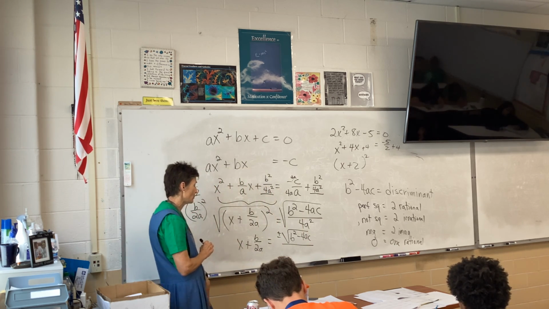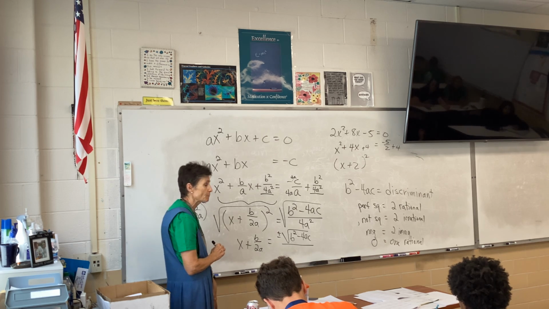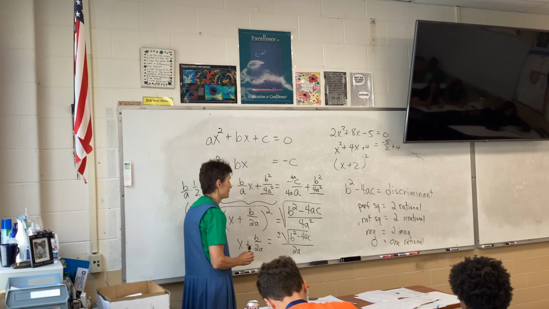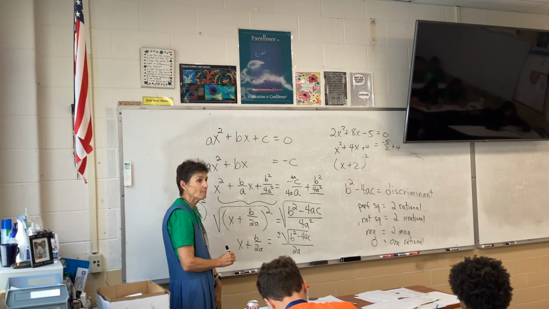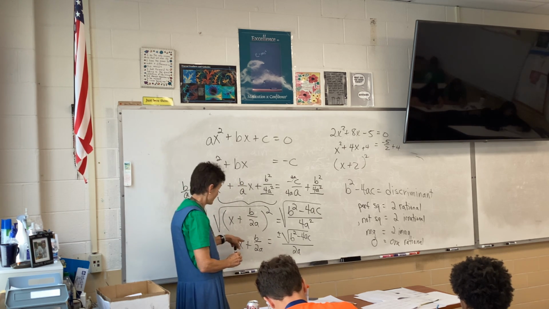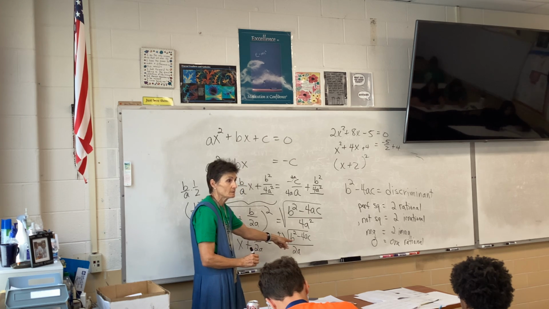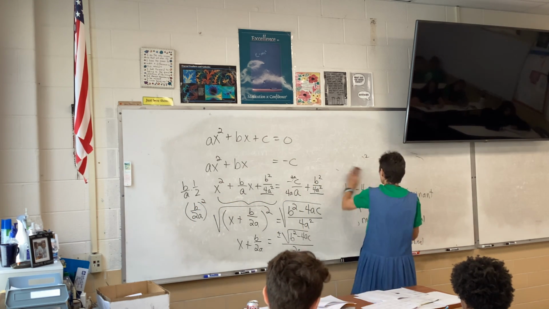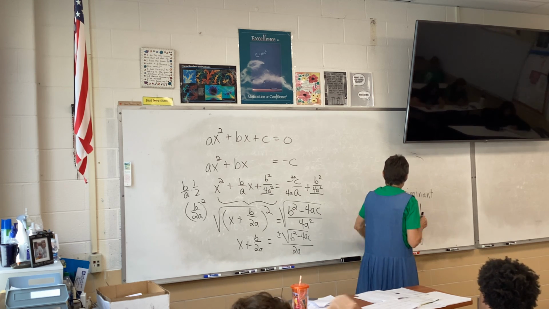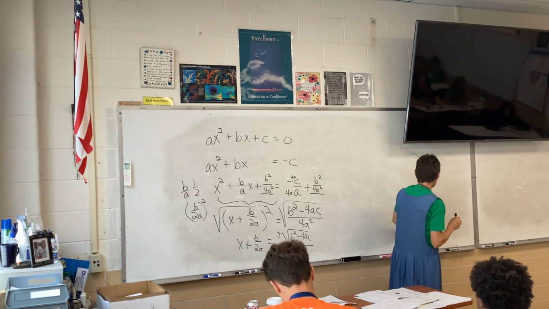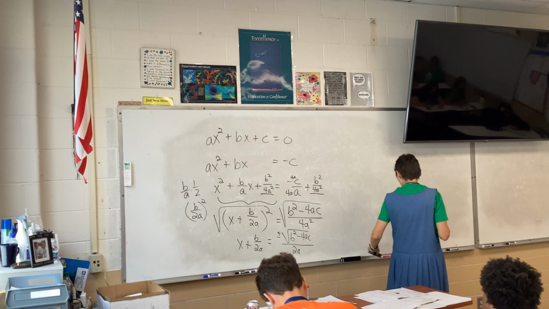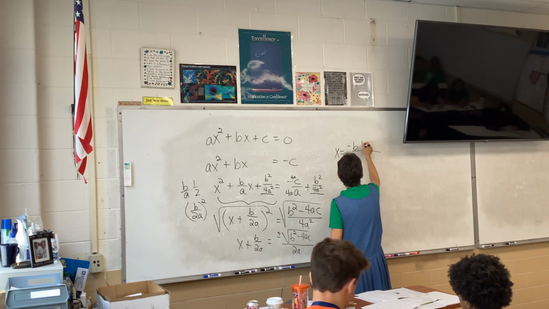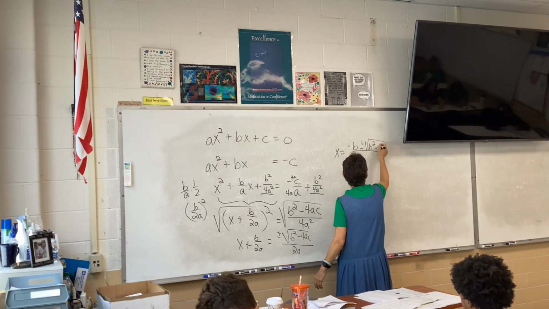What's the square root of 4A squared? 2A. Last step, what am I going to do? Subtract this over, and I'm kinda out of room, but do you see when I subtract it over? They will actually have the same denominator, so I can write it as 1 fraction, negative b plus or minus.